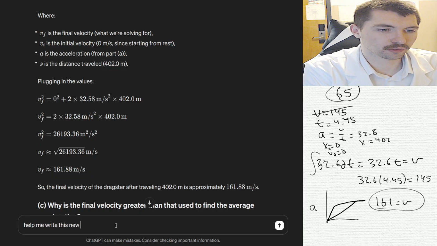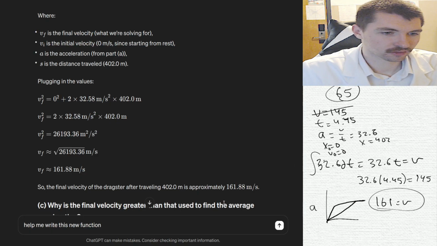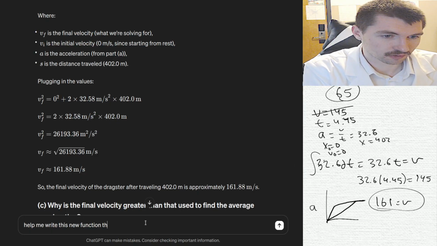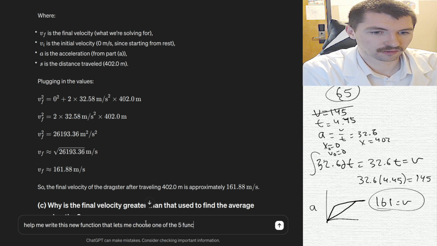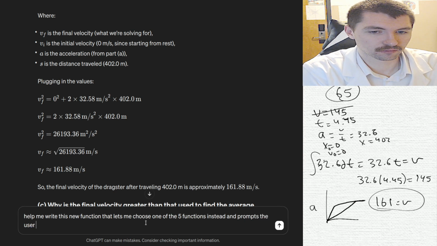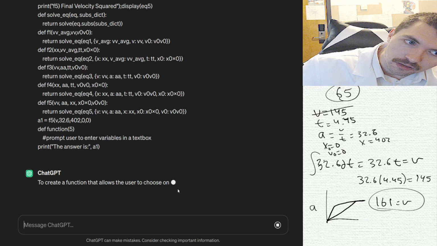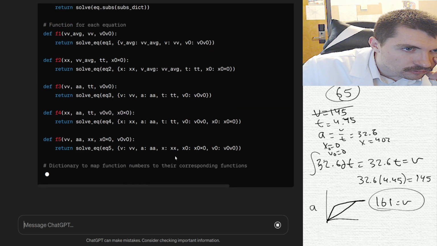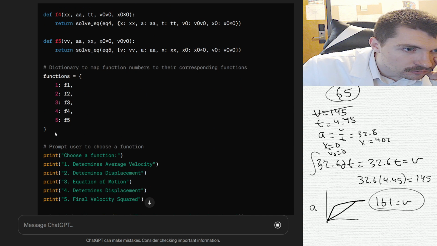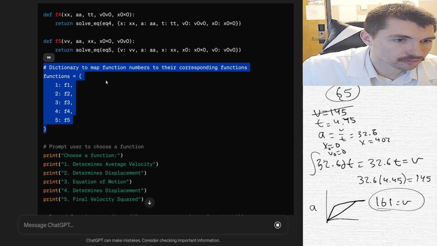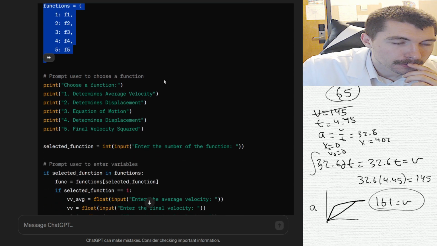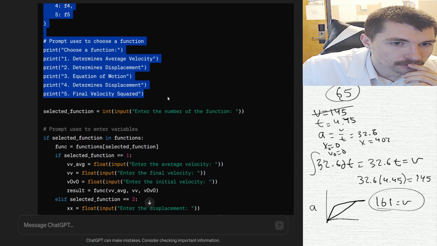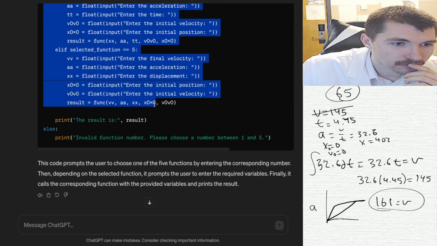Help me write this new function that lets me choose one of these. Oh, that's a lot.